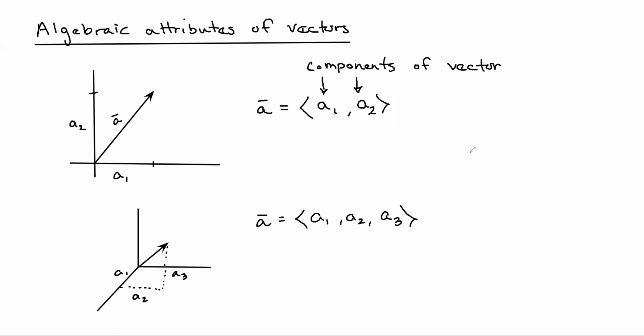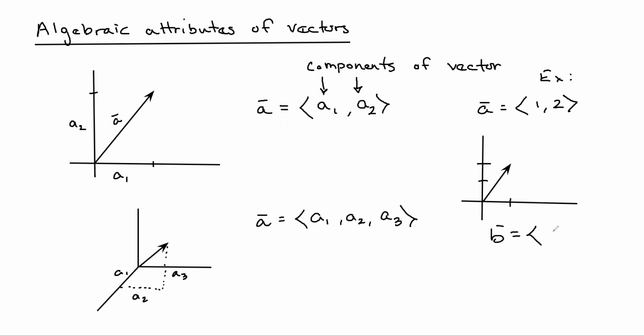Let's look at a couple quick examples of that, which we can do over here off to the side. So if we had vector A equal to 1, comma 2, then we could draw vector A on a coordinate axis. It would be the vector that points 1 unit in the x direction and 2 units in the y direction. You can also have vectors with negative components.